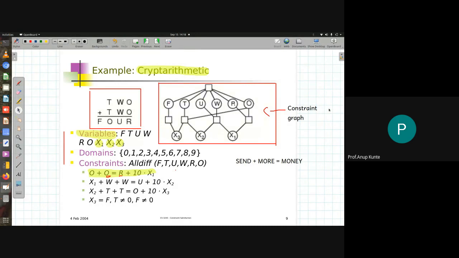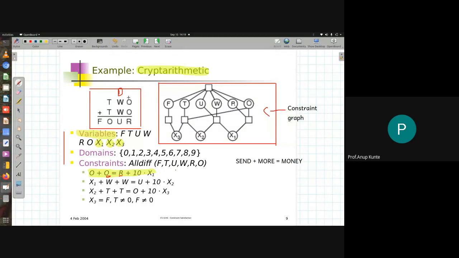Now I may have multiple operands, multiple operators, and maybe certain intermediate results and final results in the problem. Here also, when I add TWO, TWO, and I get FOUR, you naturally know the laws of arithmetic since it's an arithmetic operation. When I add O and O together, if the addition is above 10, there will be a carry. That carry will be taken into account when I do the addition of W and W, right?